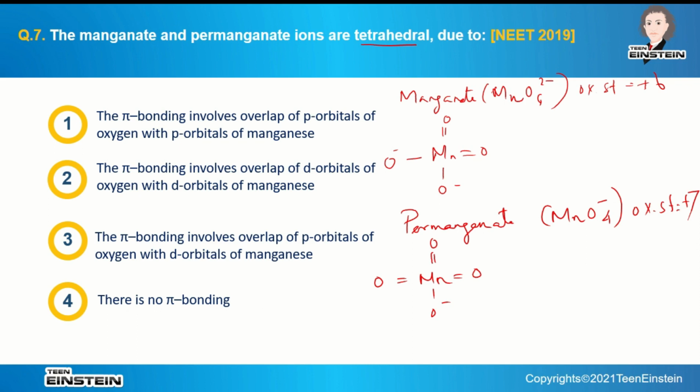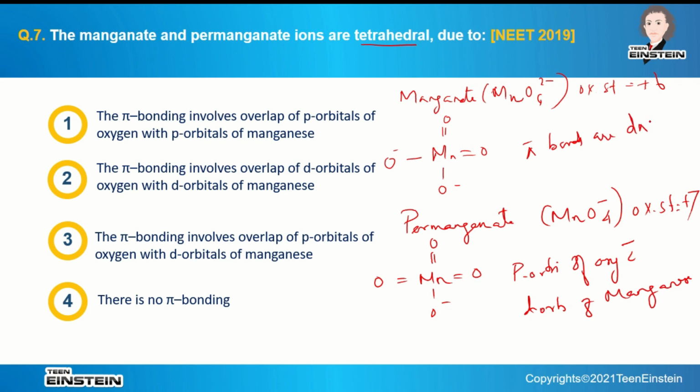Here in both cases the bonding takes place by overlap of p orbitals of oxygen with d orbitals of manganese. Here the pi bonds are d pi to p pi type. As well as in permanganate, here the pi bonds are d pi to p pi type.